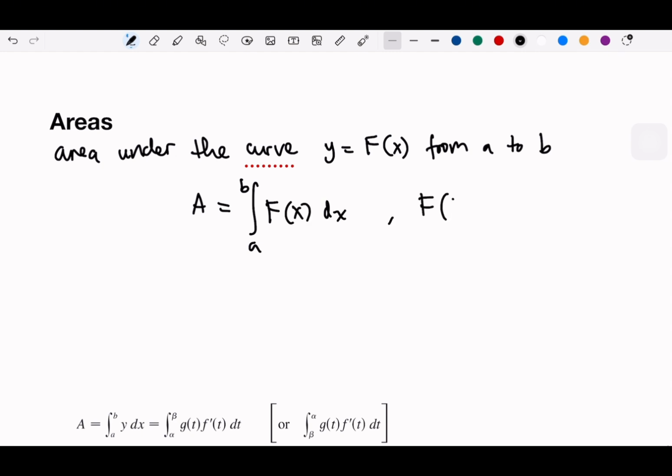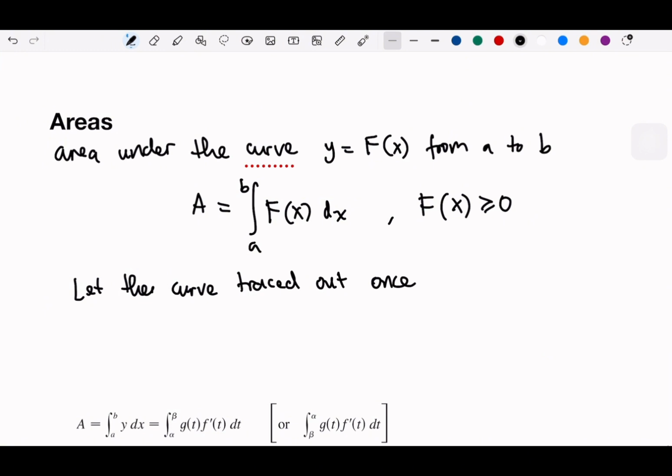where we need to define that this should be a positive function, at least it's 0, and let the curve trace out once. Trace out once means there is no loop.